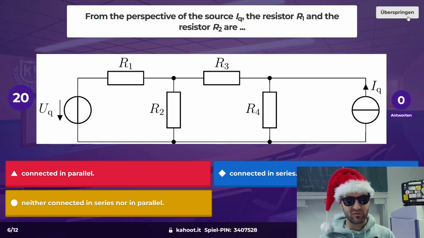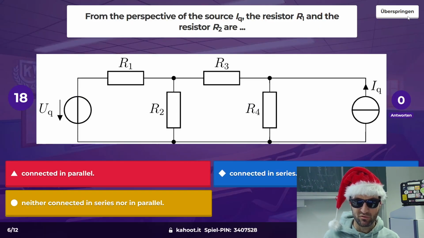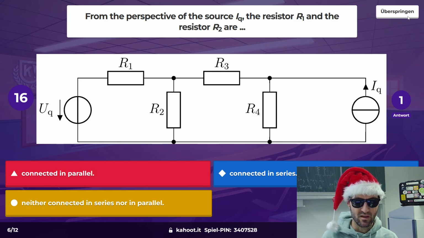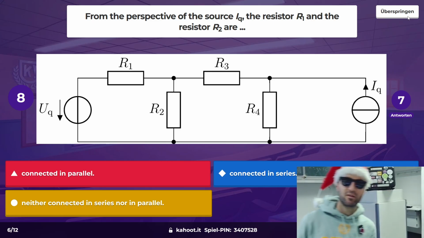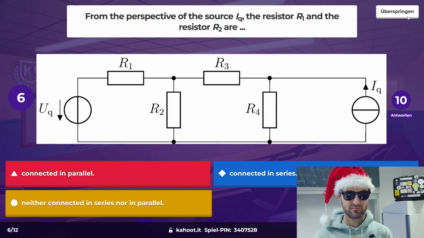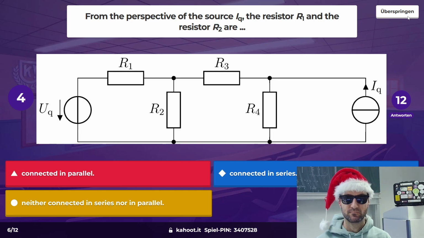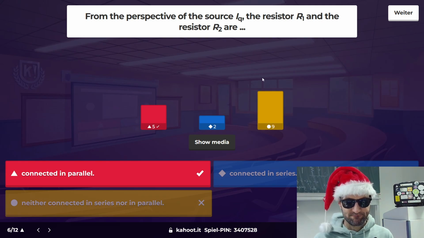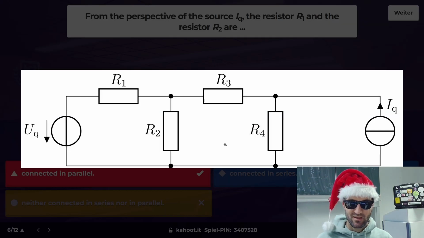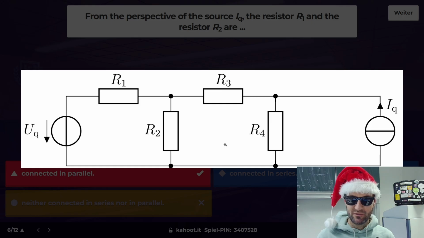From the perspective of the current source now, these two resistors, are they in series, in parallel, or neither connected in series or in parallel? Okay, so now we are looking from the side of this source, from the current source.